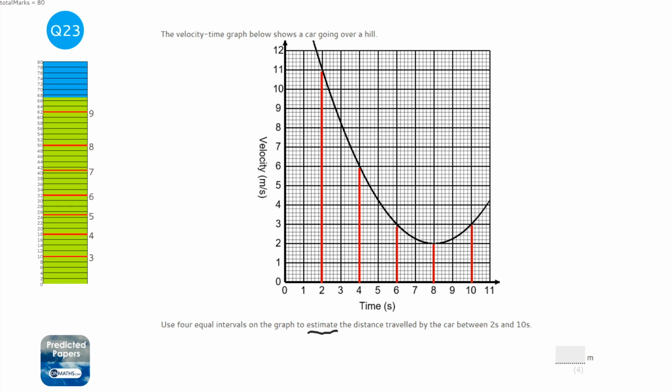Now we haven't created trapeziums yet, so let's create trapeziums now. So we're going to create trapeziums for these 4. There we go. Okay, let's try and get the heights of these trapeziums, and I normally draw it onto the graph itself.